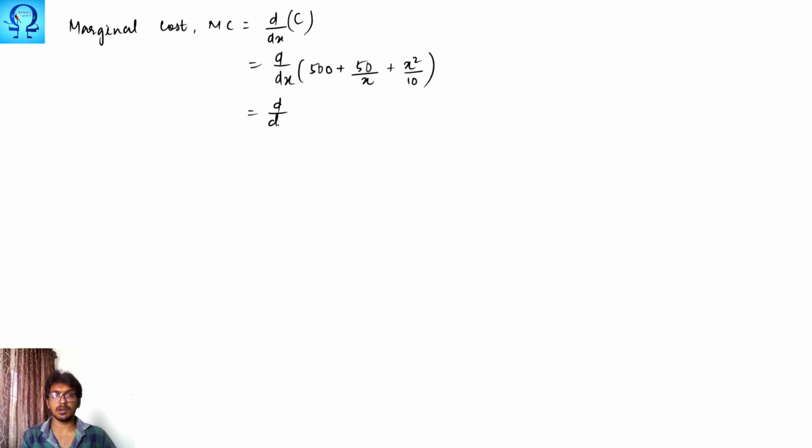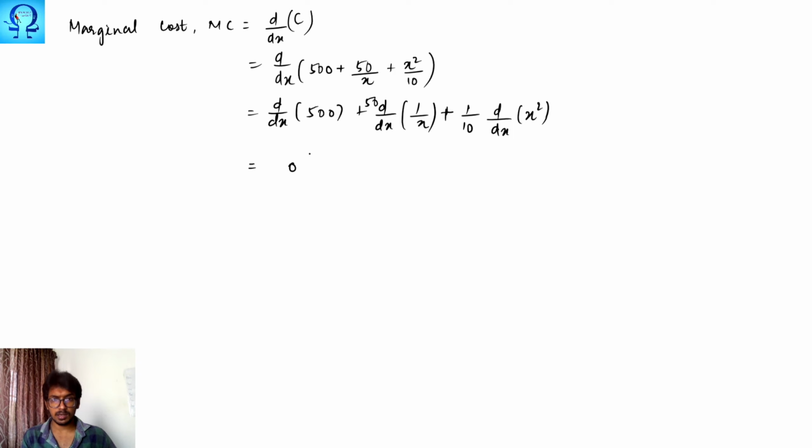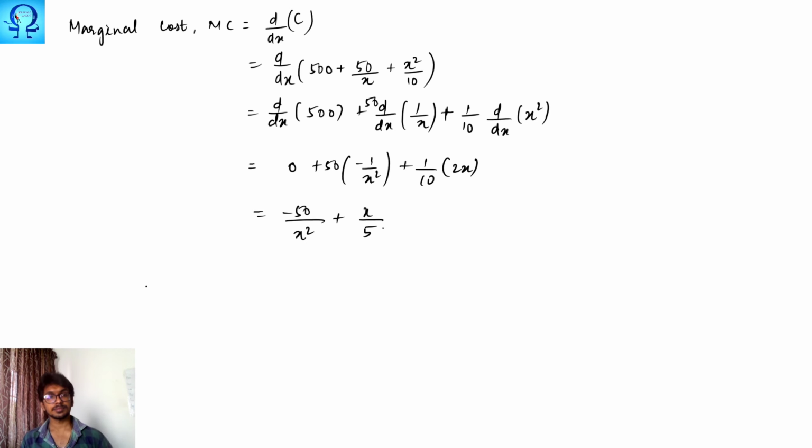So this is d upon dx of 500, plus d upon dx of 50 times 1 upon x, where you may take the constant outside, plus 1 upon 10 times d upon dx of x squared, and the derivative of 500 is 0. This is 50 times minus 1 upon x squared plus 1 upon 10 multiplied with 2x. Therefore it is going to be minus 50 upon x squared plus x upon 5.